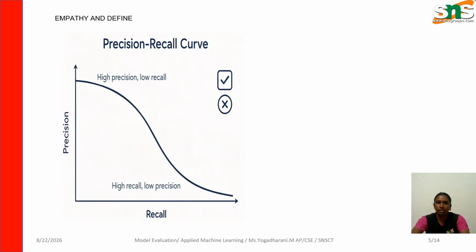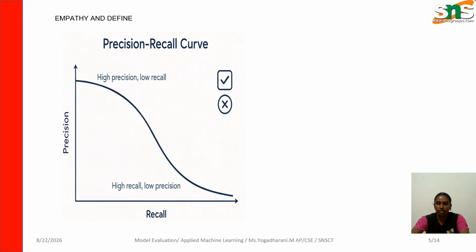This slide shows the define and empathy stage. Before moving to the ideation, let us think from the perspective of a person who is affected by the prediction. Imagine you are a bank customer. The fraud detection system should correctly identify the fraudulent transaction, but there are two different problems. Problem one is too many false alarms.